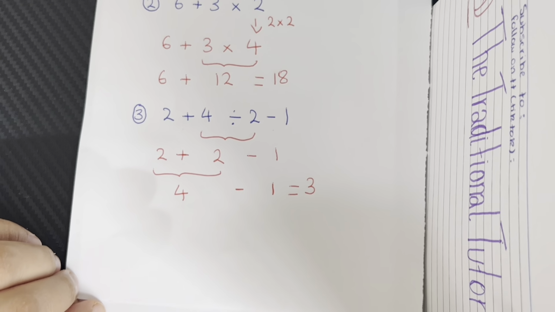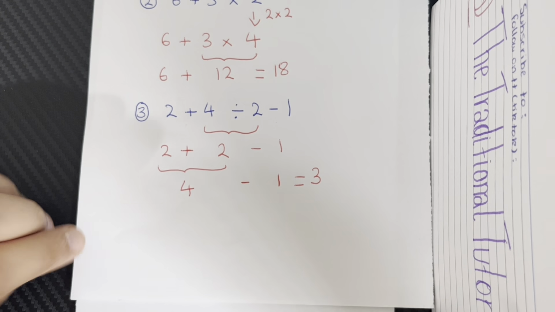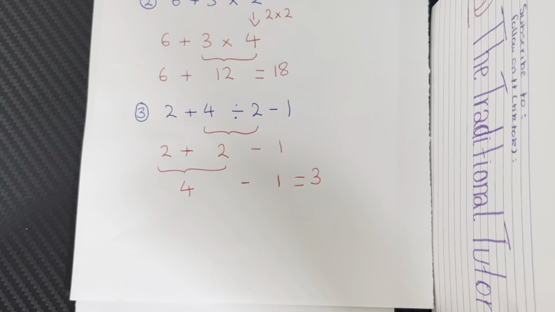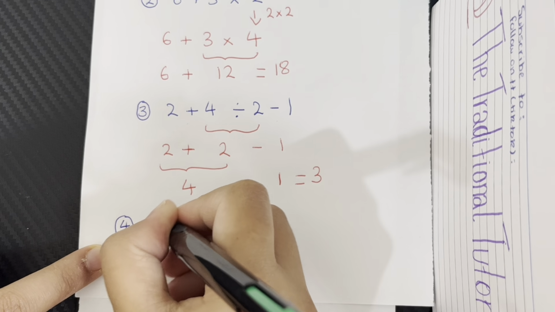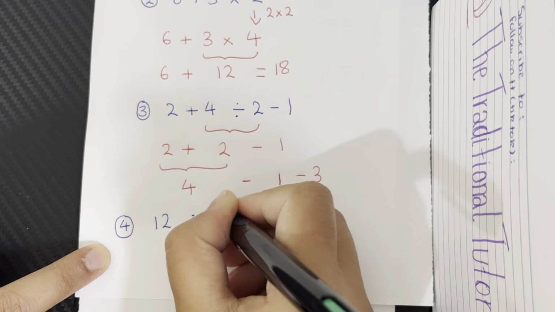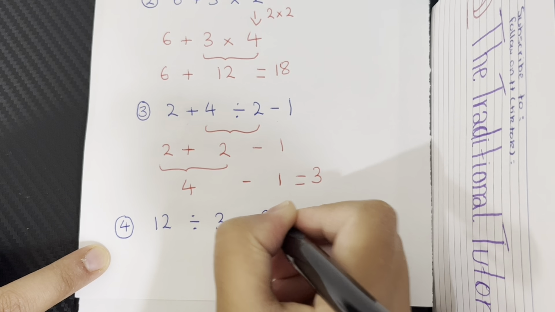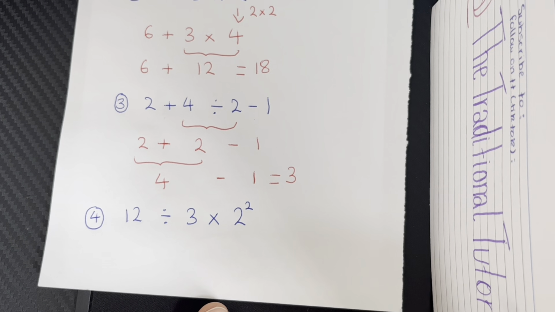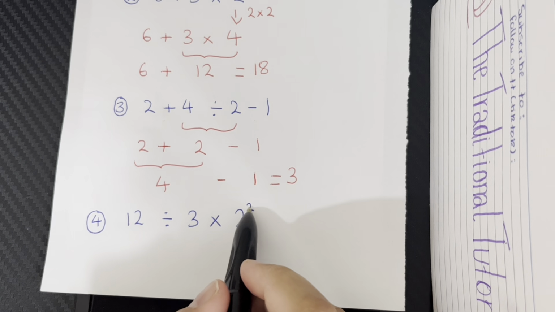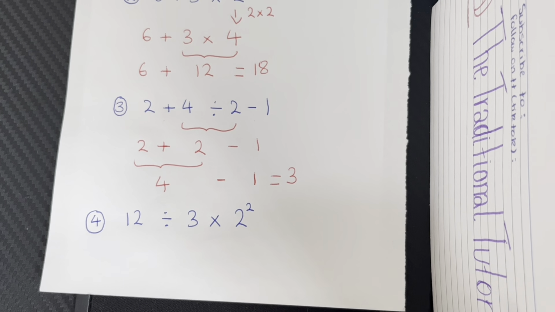Okay, and then we'll be looking at example 4, another one, and that is 12 divided by 3 times by 2 squared. We've got division, we've got multiplication, and we've got indices, a power as well that we need to think about.